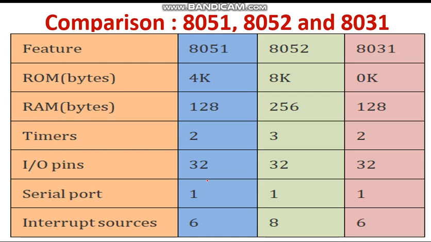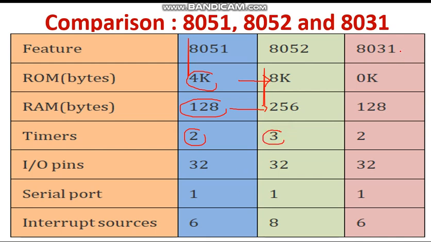If we compare 8051 with 8052, 8051 has ROM of 4 kilobytes. In 8052 it is double. 8051 has RAM of only 128 bytes. 8052 has double. Timers: 2 in 8051. In 8052 we have 3 timers. Rest is the same.